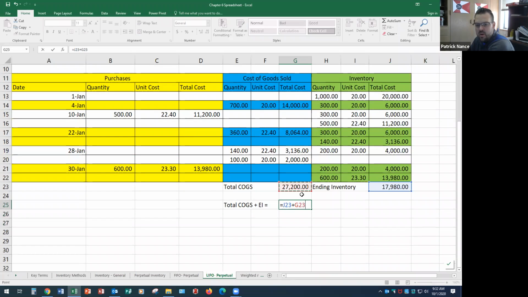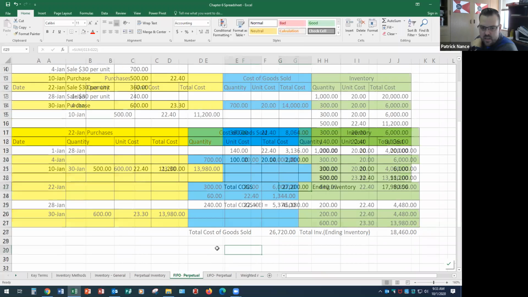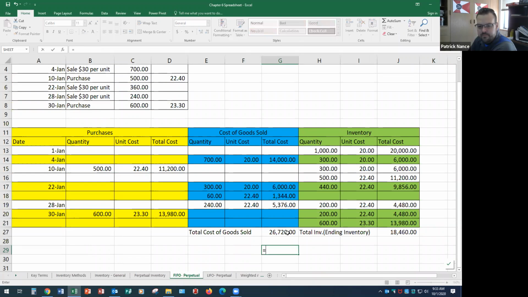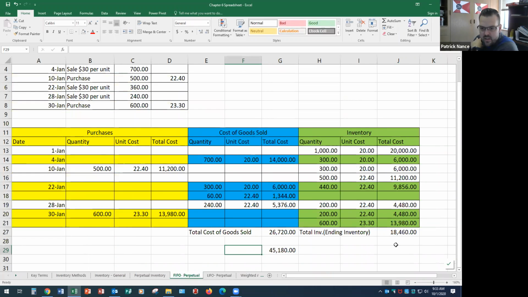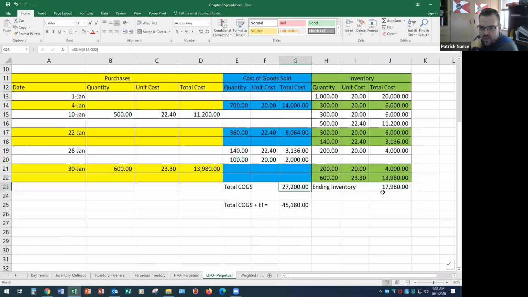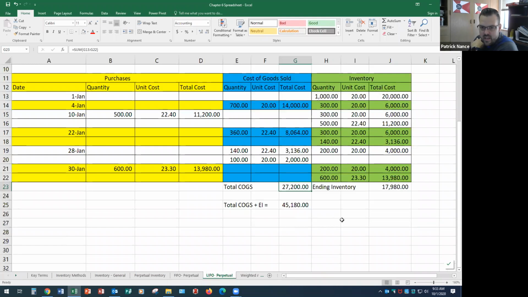But cost of goods sold and ending inventory are different numbers. So $45,180 is my total of ending inventory and cost of goods sold. If I do the same thing over here, I get the same number, but notice that I have a higher cost of goods sold over here and a lower cost of goods sold over there, and a lower ending inventory and a higher ending inventory. So LIFO, in this case, gave me a higher cost of goods sold and a lower ending inventory, just based on the change in method.